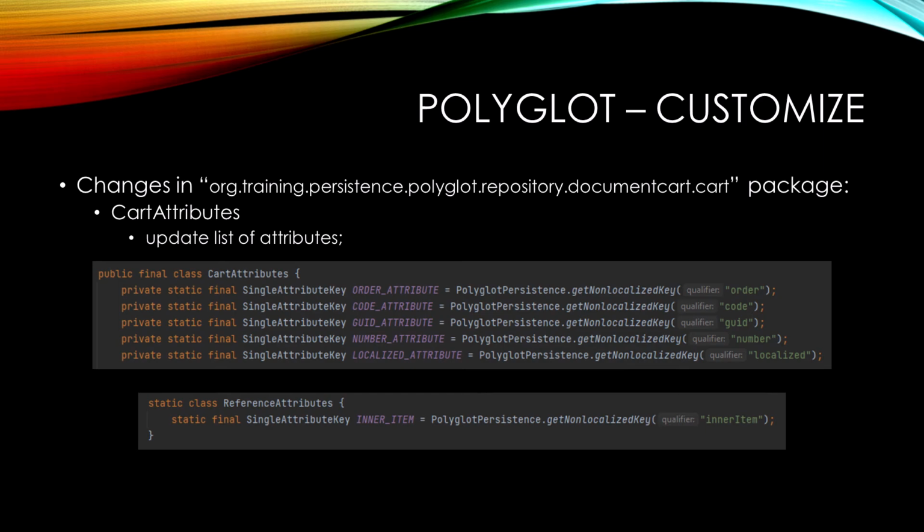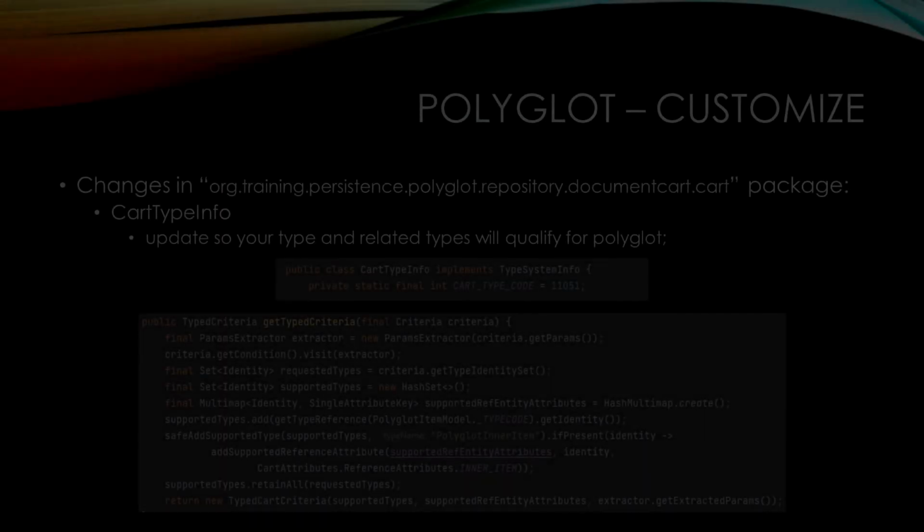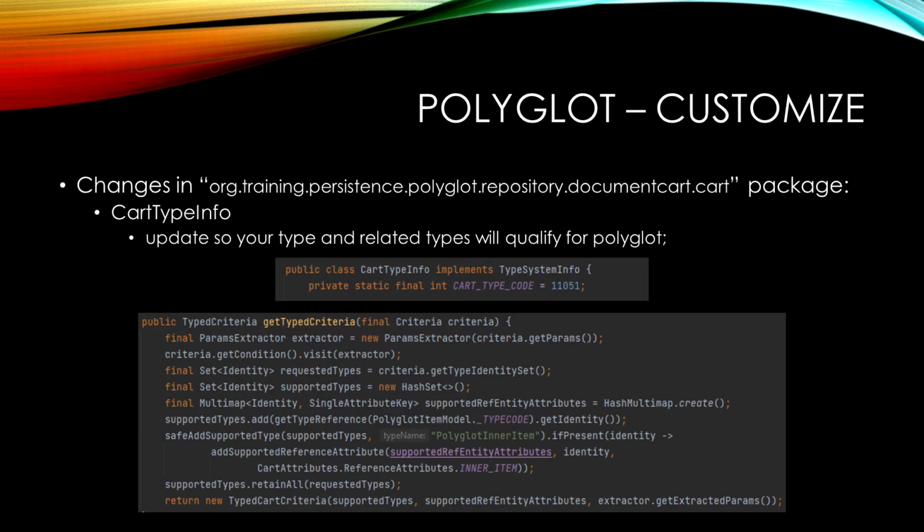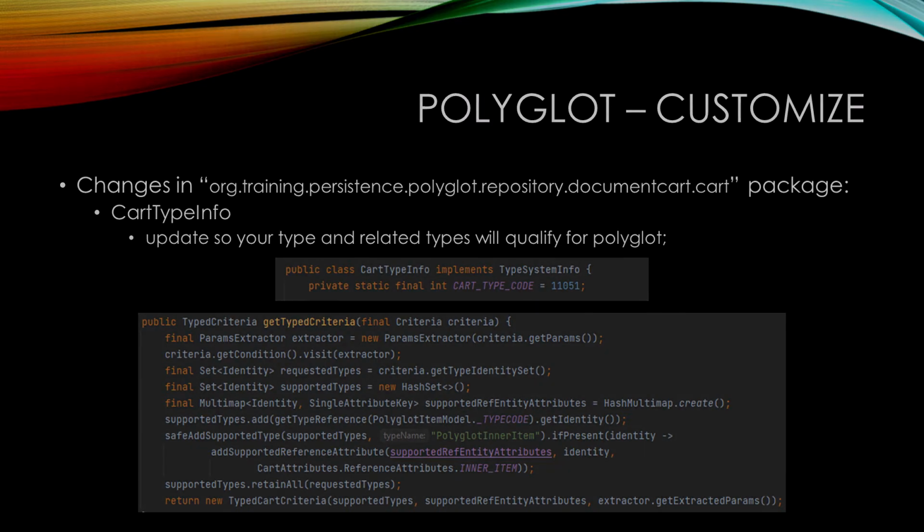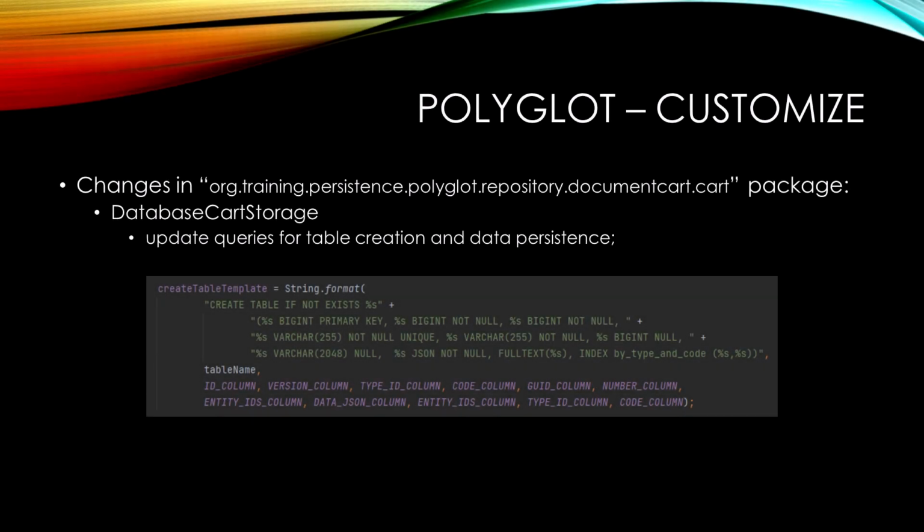Type-related implementation is placed inside the cart package. Cart attributes should be updated for your attributes. Cart type info with your and related types. Database cart storage provides query.